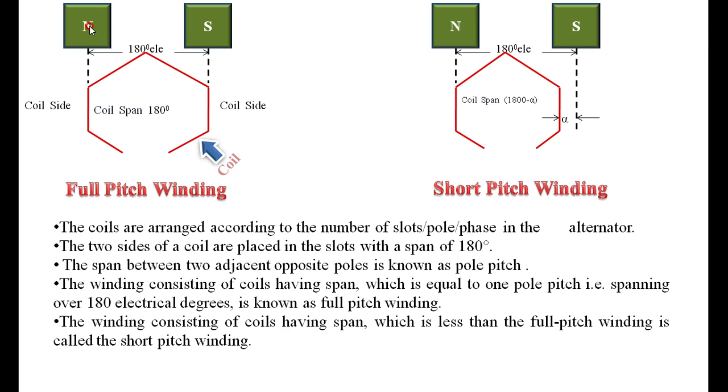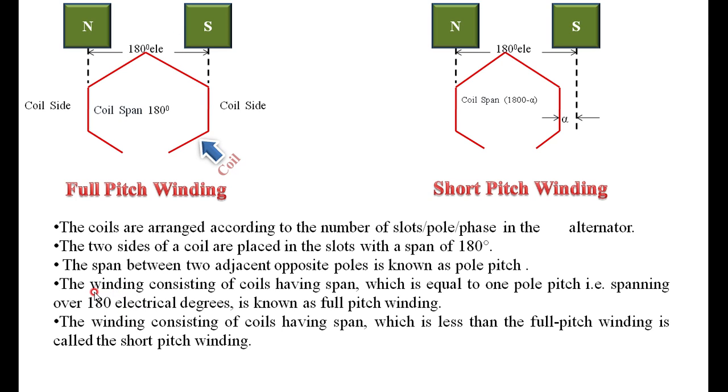The pole pitch is nothing but the distance between N and S of the adjacent poles. The span is 180 degree. What is pole pitch? Pole pitch is the distance between N and S of the adjacent poles, which is equal to 180 electrical degree.